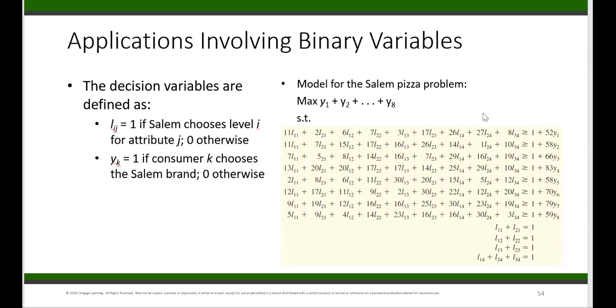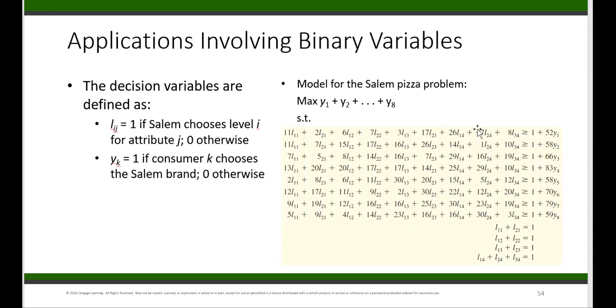If 30 is less than 52, y1 is forced to take 0, because for y1 to be 1, the left-hand side has to be greater than or equal to 53, or greater than 52. So this constraint logically connects y1 with the product design.